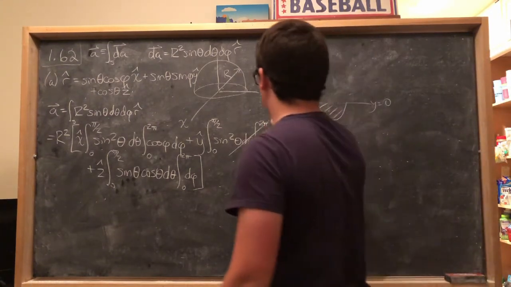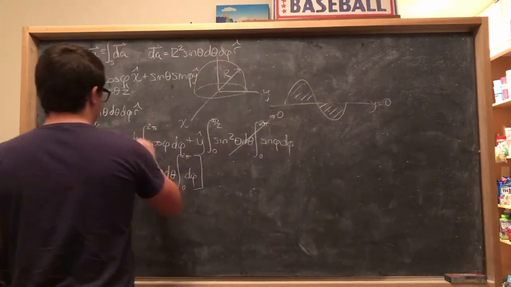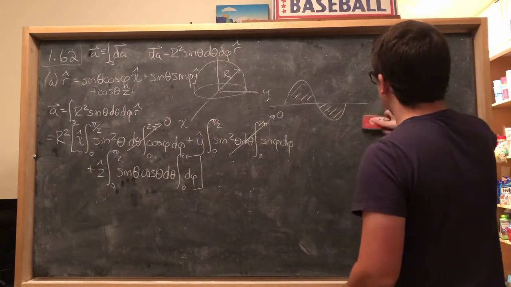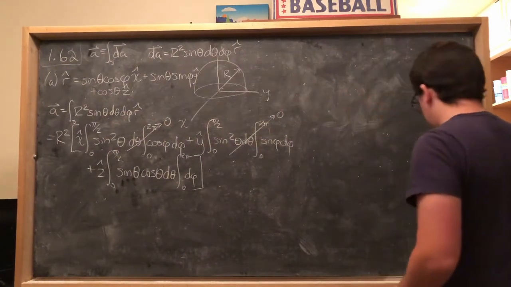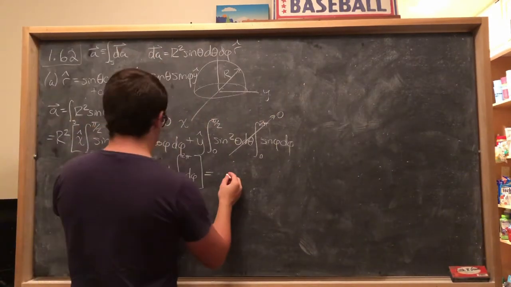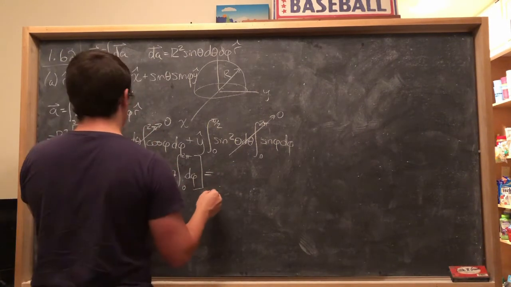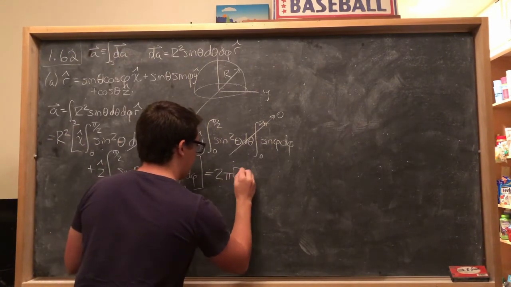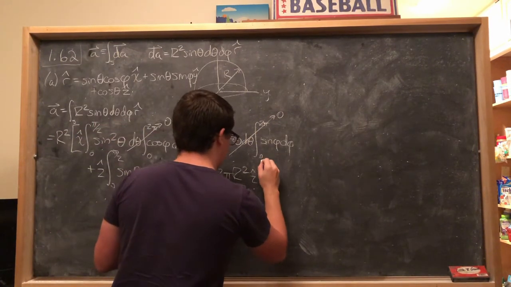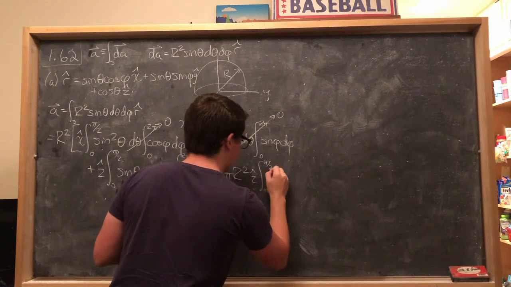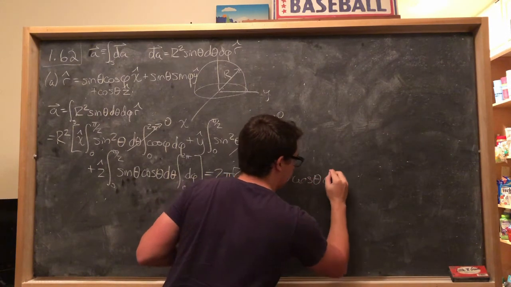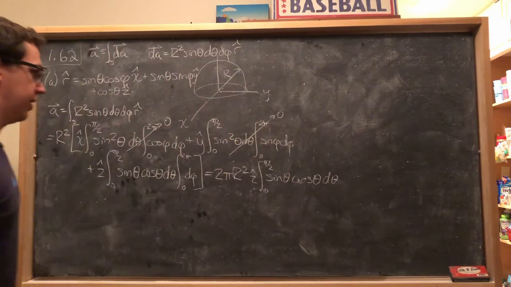And so we automatically know that our y hat term and our x hat term are going to go to 0. What we're left with is a z hat term, with r squared, and we can also do this integral: 2 pi r squared z hat, integral from 0 to pi over 2 of sine theta cosine theta d theta.